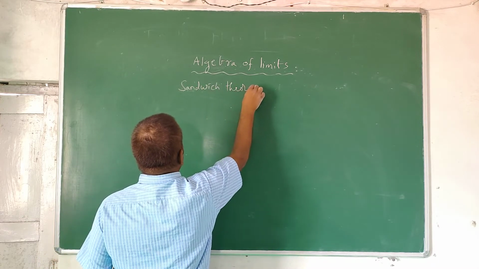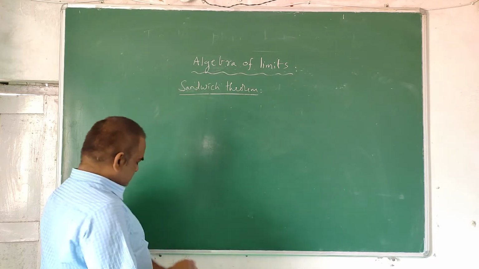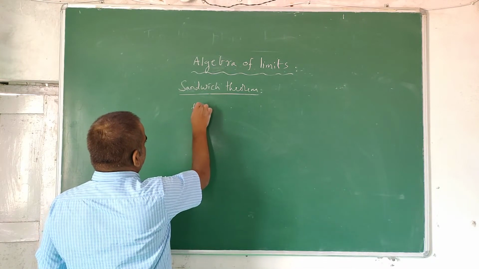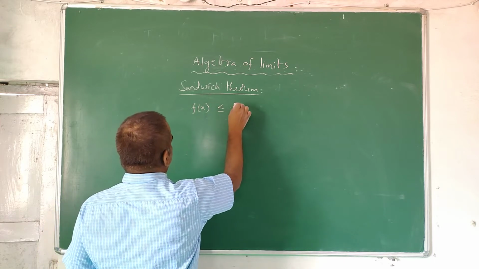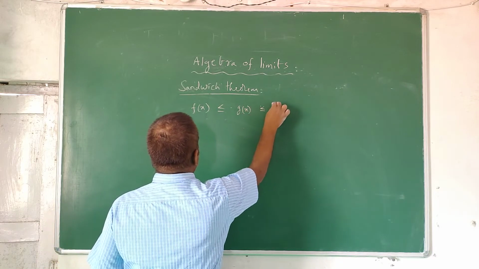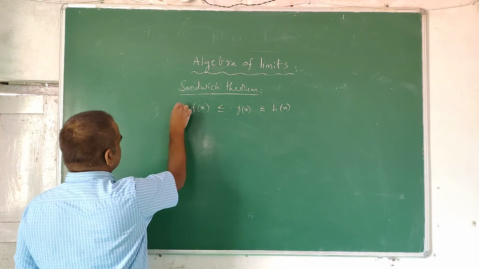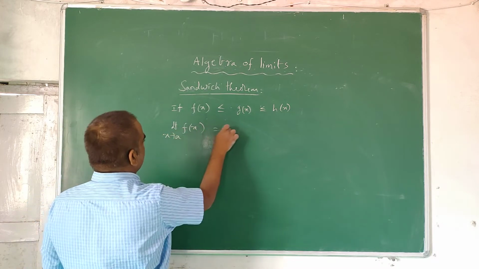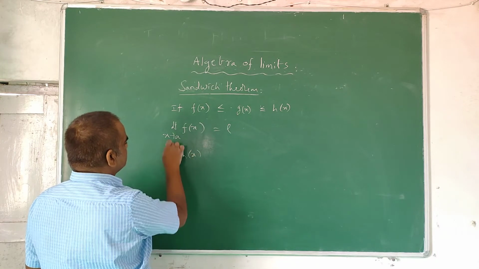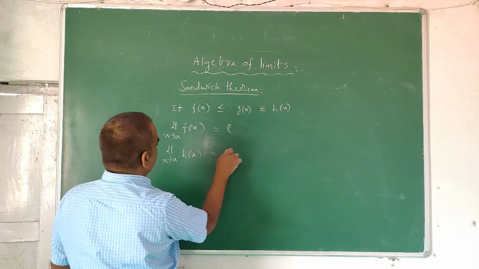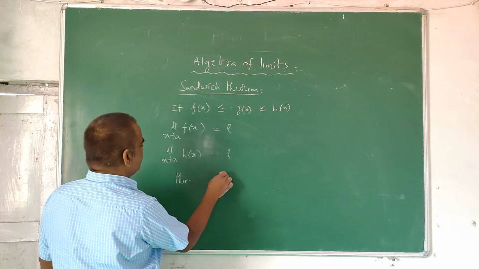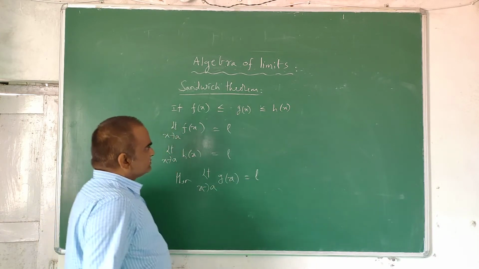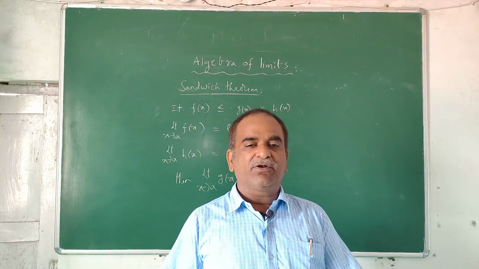See, if f of x is less than or equal to g of x is less than or equal to h of x, and the limit of f of x as x tends to a is equal to L, and the limit of h of x as x tends to a is also equal to L, then the limit of g of x as x tends to a will be equal to L. This is the most important theorem, popularly known as the sandwich theorem.